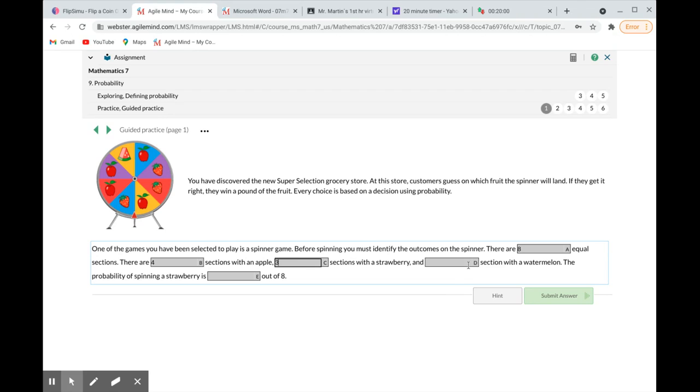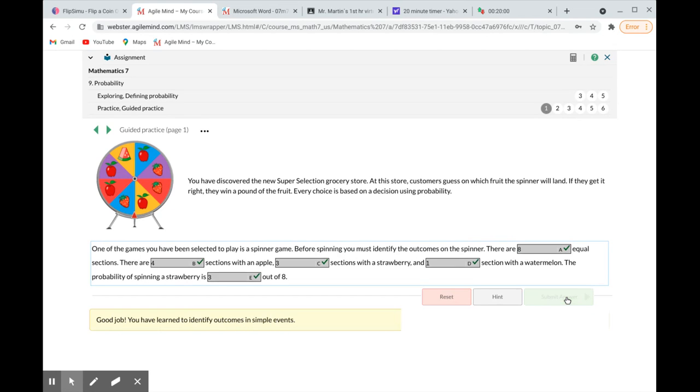And how many have a watermelon? 1. Okay. So it says the probability of spinning a strawberry is what out of 8? What would we say? 3 out of 8. Do y'all agree with that? Good. Perfect.